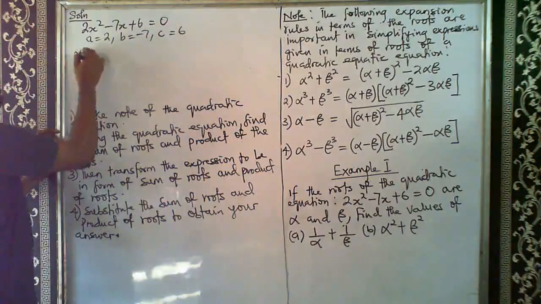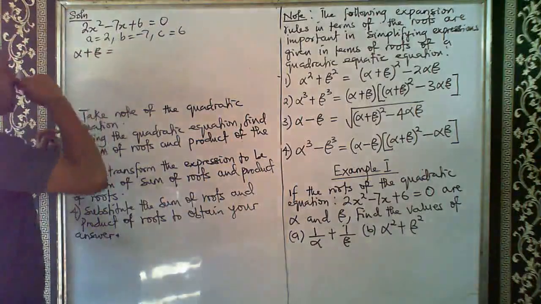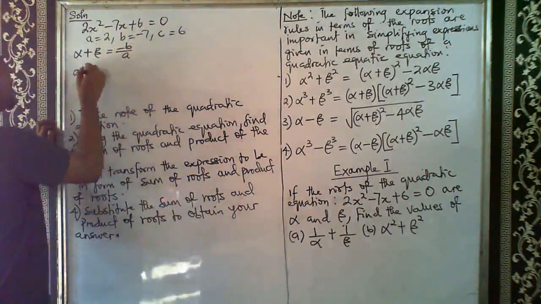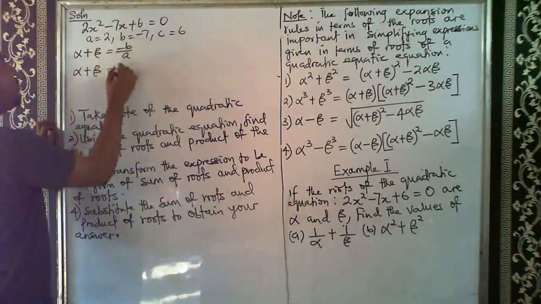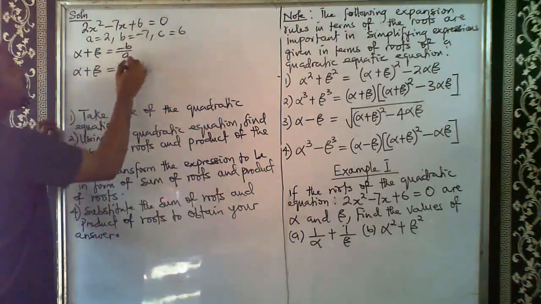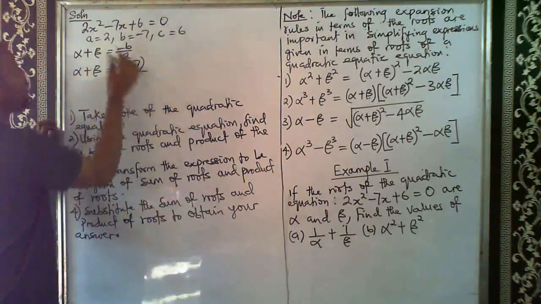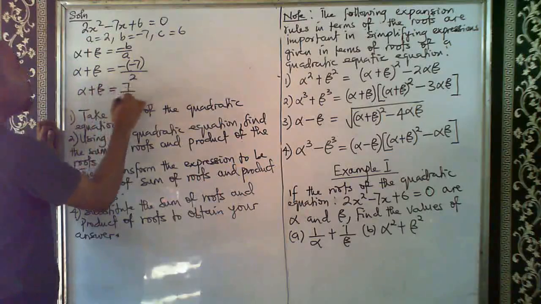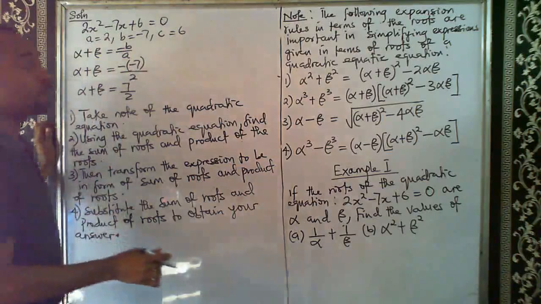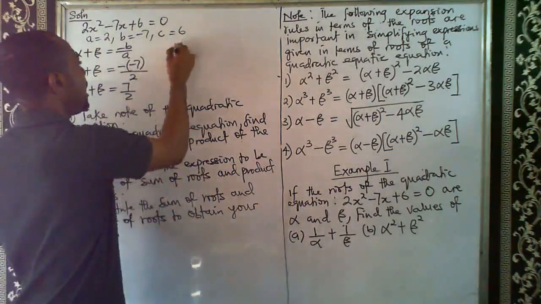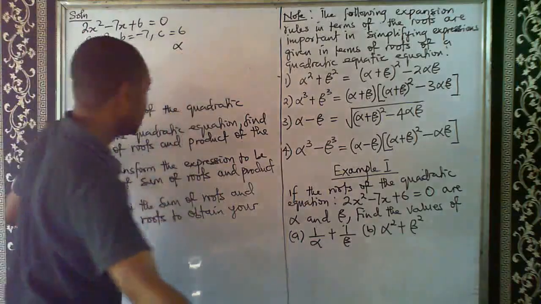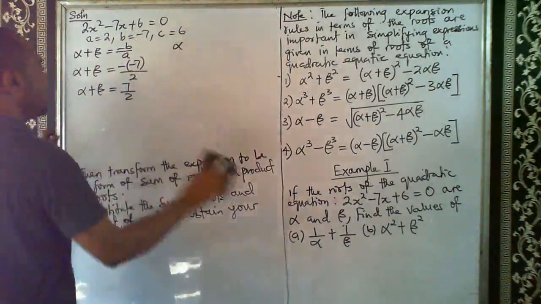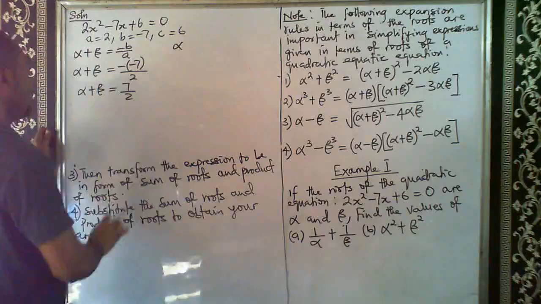So let me find the sum of roots. What will be alpha plus beta here? Alpha plus beta is minus b over a. So in this case, alpha plus beta will give me minus, b is minus 7, minus 7 over a, which is 2. So alpha plus beta is actually 7 over 2, because minus times minus is plus. So what is my alpha beta? I think these two steps are taken care of, so let's remove them.